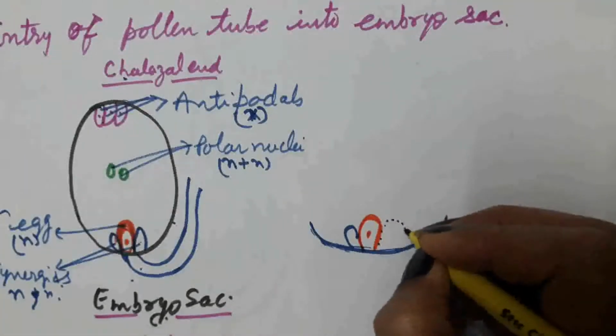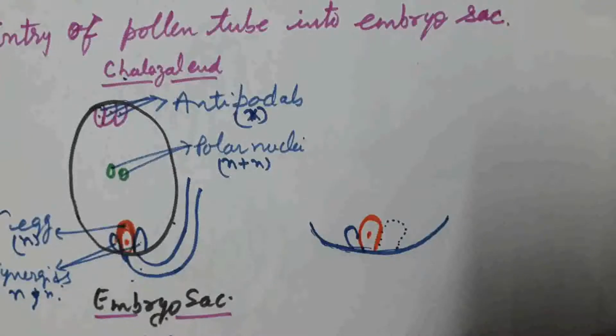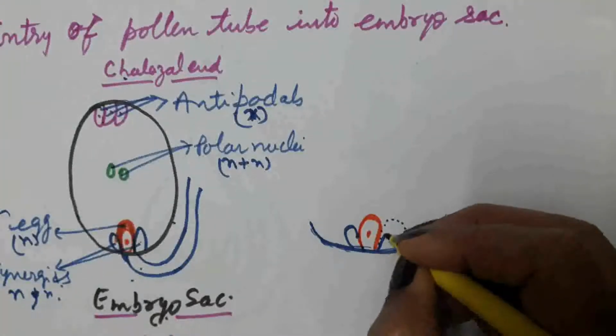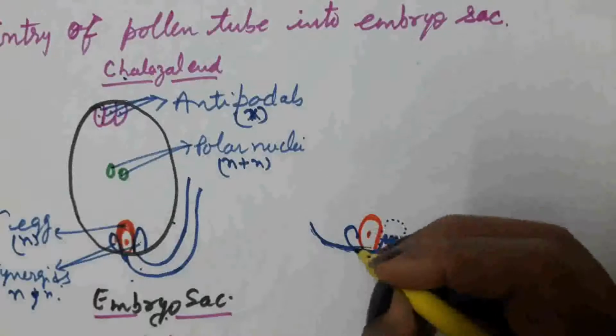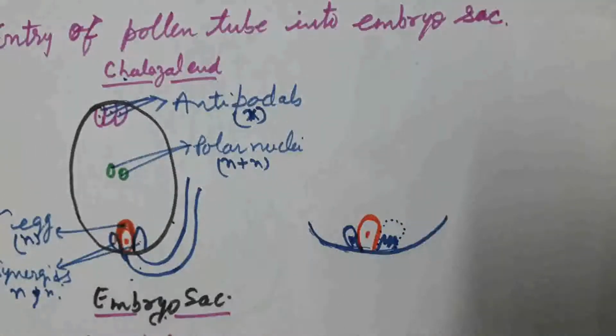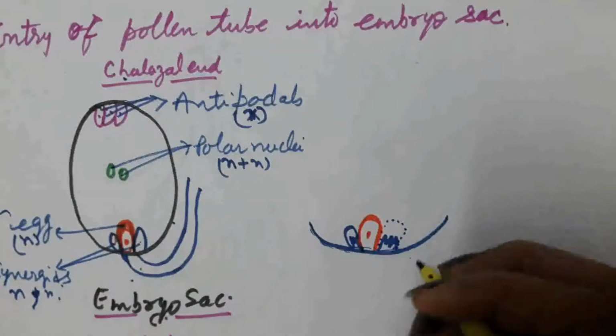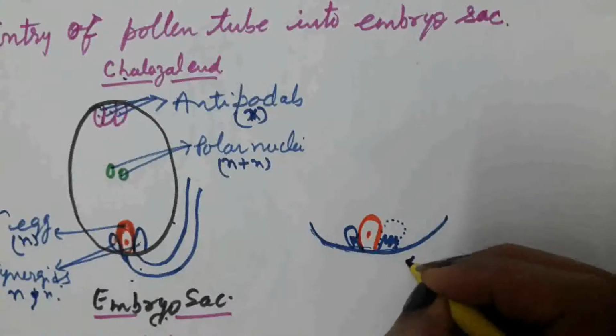This is the diagram of a degenerating synergid. Inside the synergid, a finger-like filiform apparatus is present. So the pollen tube enters through this filiform apparatus.